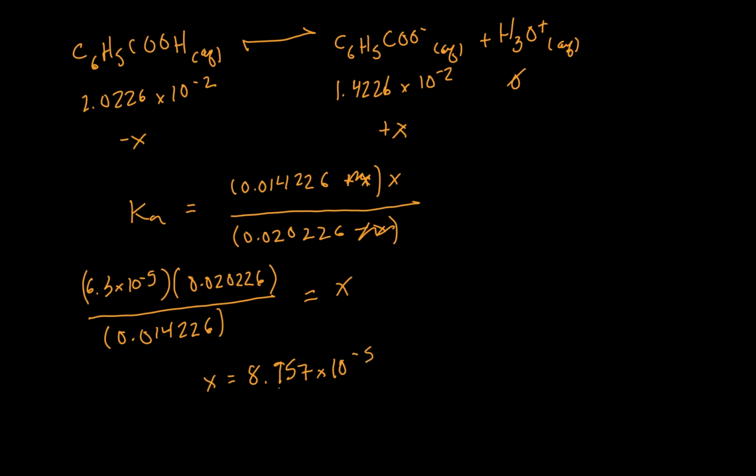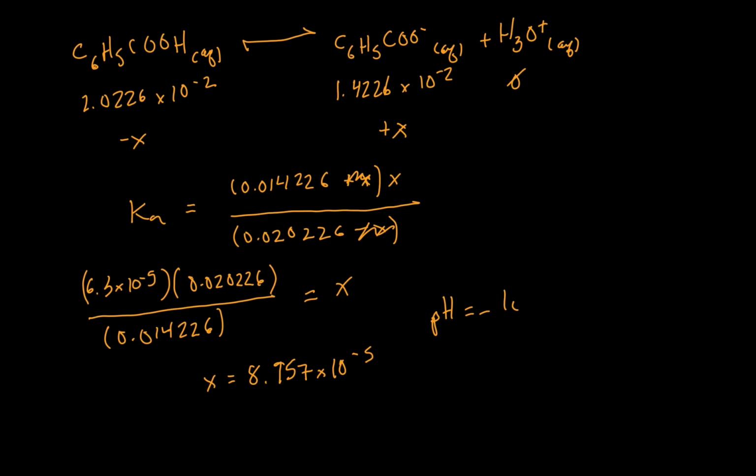And that should be close to an okay approximation. Let's just check. Divide it by our initial 0.020226. And I've got 0.4%, so we're fine. So the x is small approximation is valid, so we can go straight to the pH.